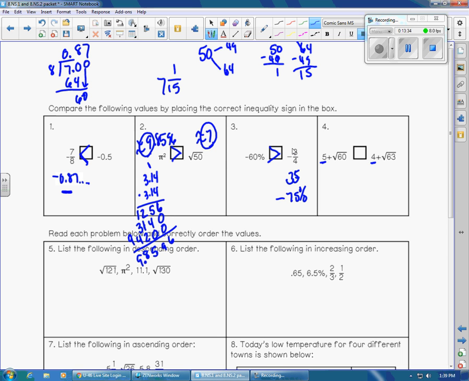It's going to be less than the square root of 64, and it's going to be greater than the square root of 49. So it's going to be 7 and something for both of them, okay? So 7 and some square root of some small number.